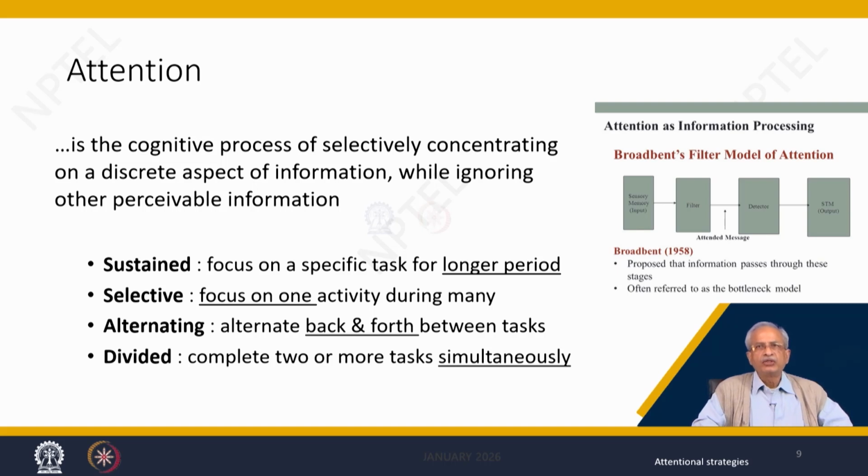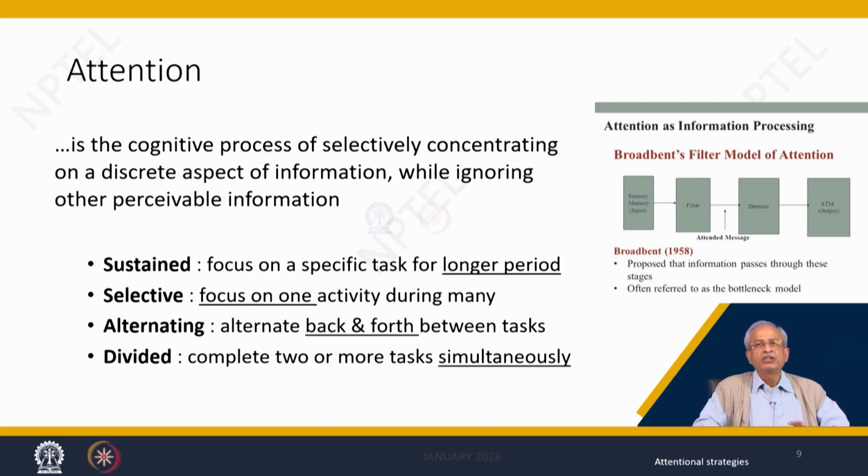Now, our attention could be of four types. It can be sustained attention, selective attention, alternating attention, or divided attention. If it is sustained attention, the focus is on a specific task for a longer period.